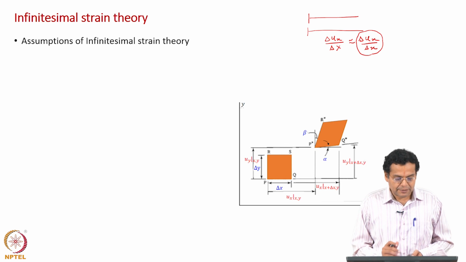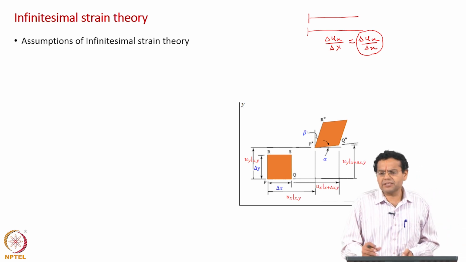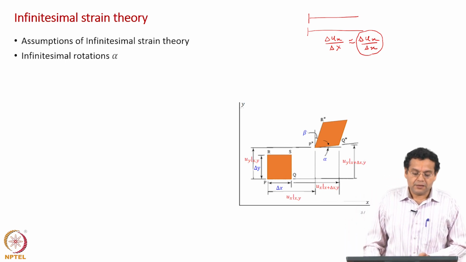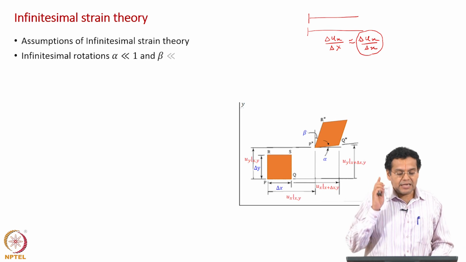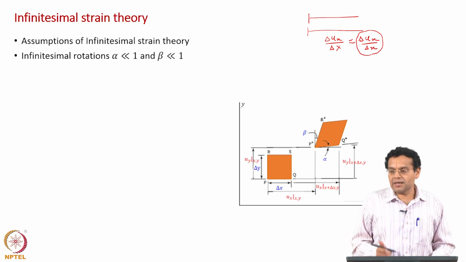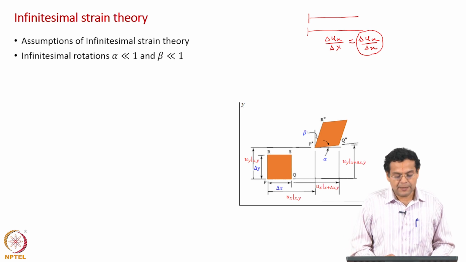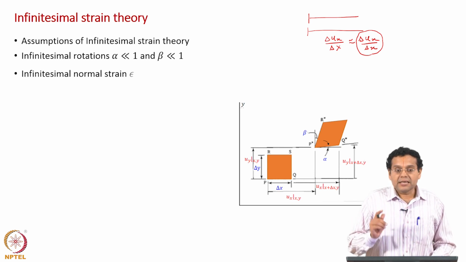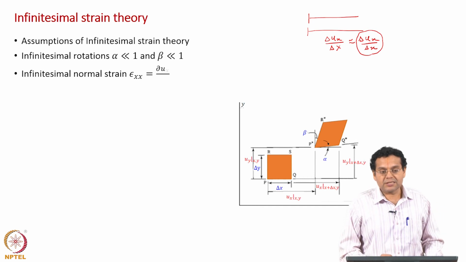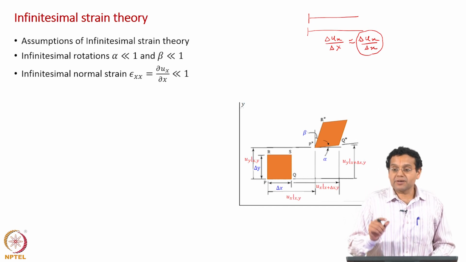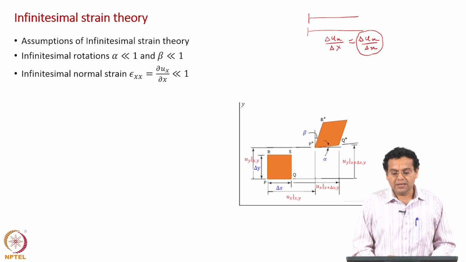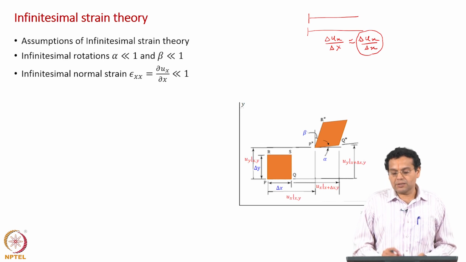That is okay. So, what are the assumptions of infinitesimal strain theory? What did we say first? Infinitesimal rotations, alpha much less than 1, similarly beta much less than 1. Then, when we derived the expression for shear strain, what did we say? Infinitesimal normal strain, okay, which means that epsilon x x or dou u x by dou x is much less than 1.